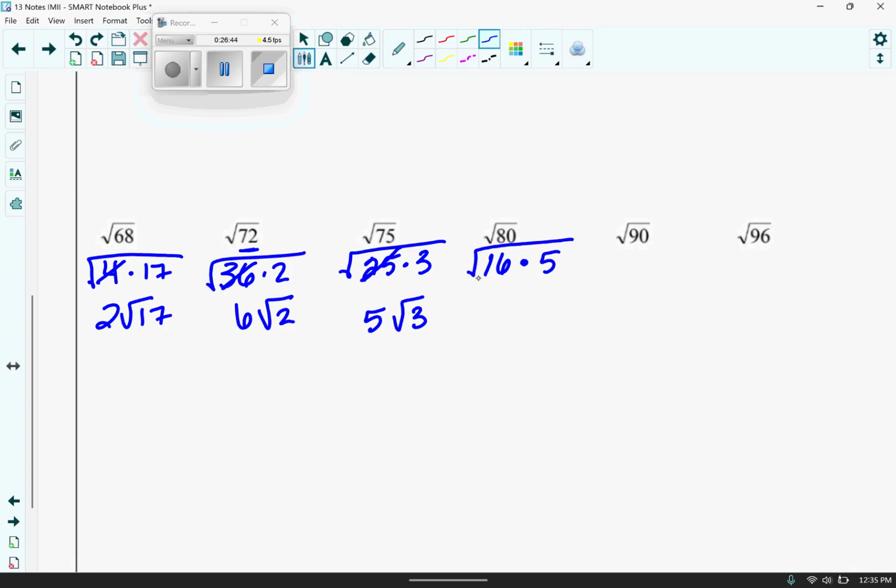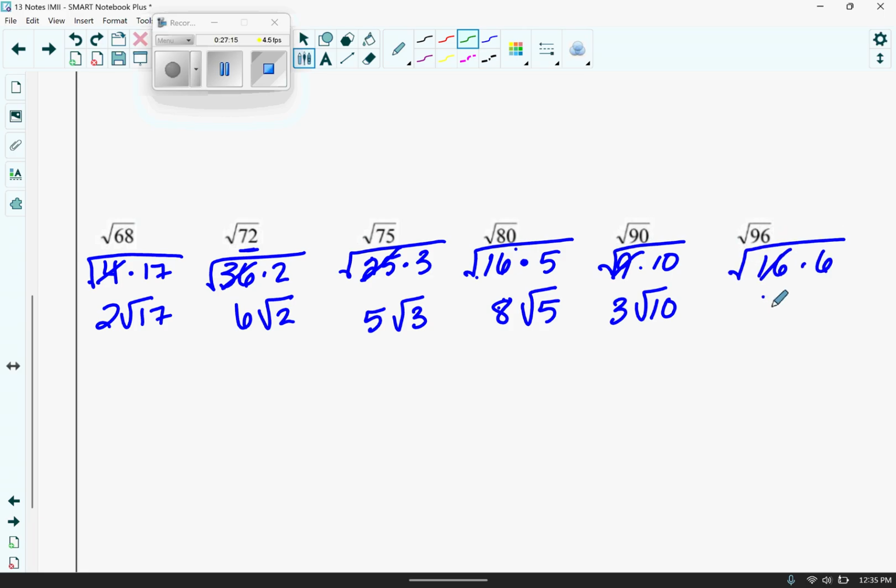Square root of 16 is 4. 4 radical 5. 90 is 9 times 10, and square root of 9 is 3, so 3 radical 10. And the last one is going to be 16 times 6, and the square root of 16 is 4, so 4 radical 6. If you need more problem solving on this part to figure out the process, please come see me.